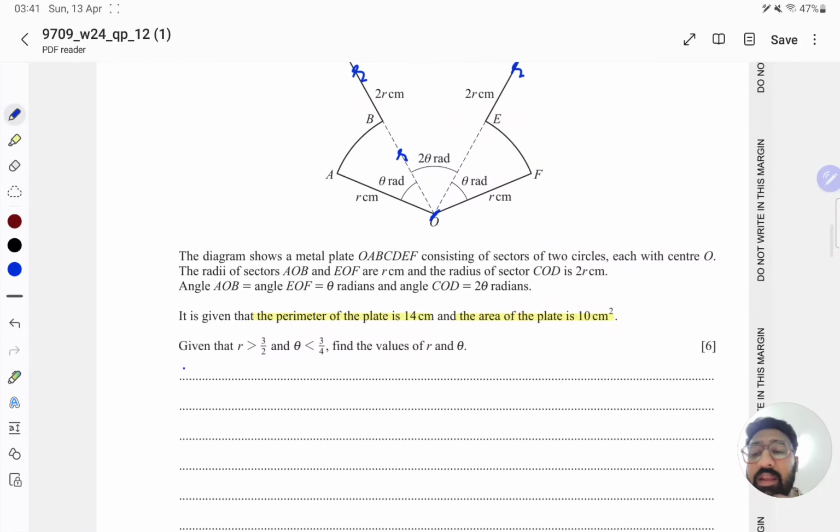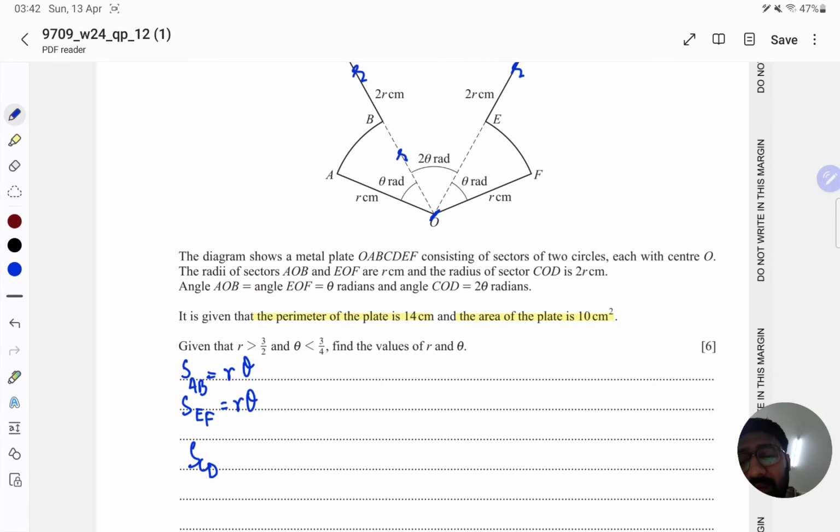Let's find the arc length AB, which is S equals r theta, because the question is in radians, so keep your mind stuck to radians. So S equals r theta, where r is r and theta is theta. Similarly, EF will also have the same arc length.